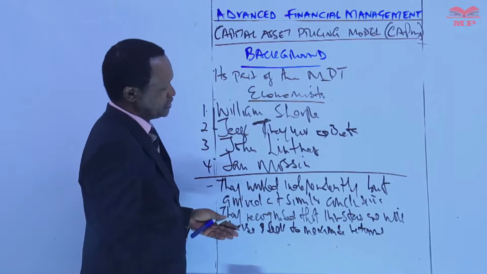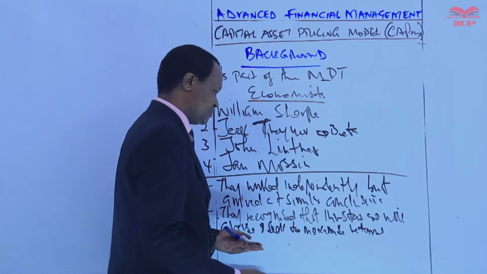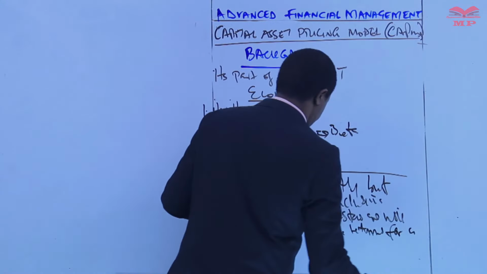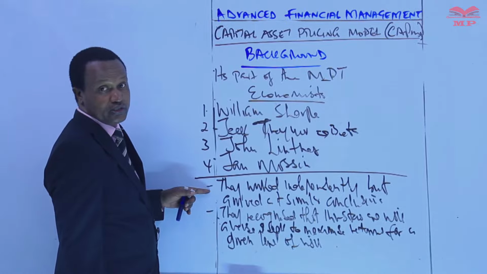And even without us reading what they recognized, isn't it obvious, candidates, that as an investor you would like to maximize returns? And this is maximizing returns for a given level of risk. That is the determination that they made, though they worked independently. They all agreed on that. So they also understood that not all risk is equal.